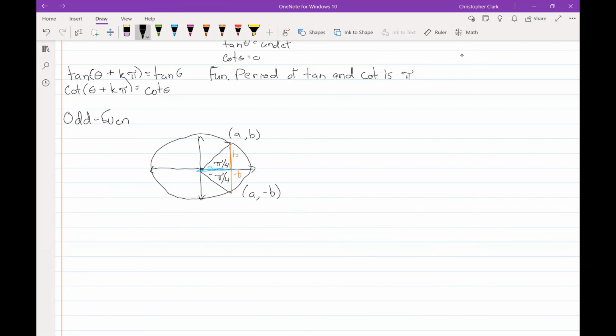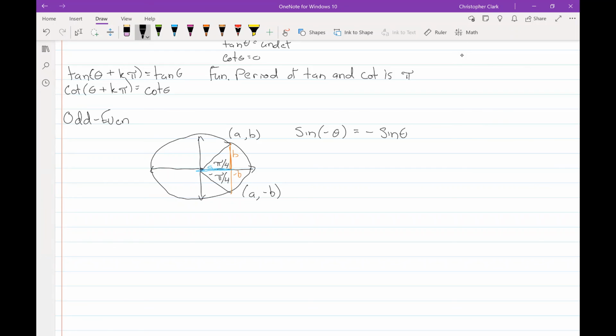So this is kind of interesting. So this says that if I have sine of negative theta, well, this is equal to negative sine of theta, right? The idea is that this b is the same value, whatever it is, and it's my sine theta. But if I go in an opposite direction, I end up with the same value, but a negative sign, right? I went pi over 4 and I ended up with this b. Now I go negative pi over 4 and I get negative b.